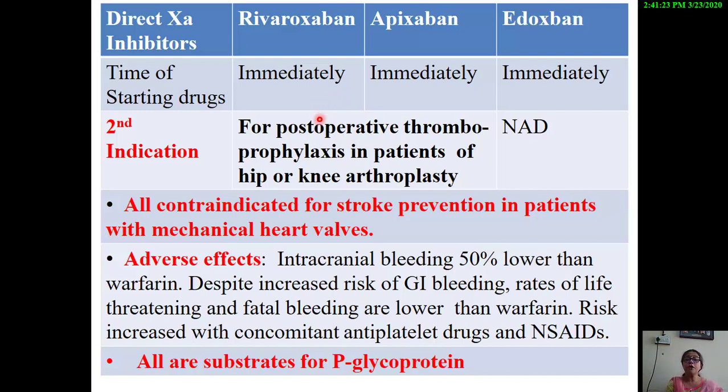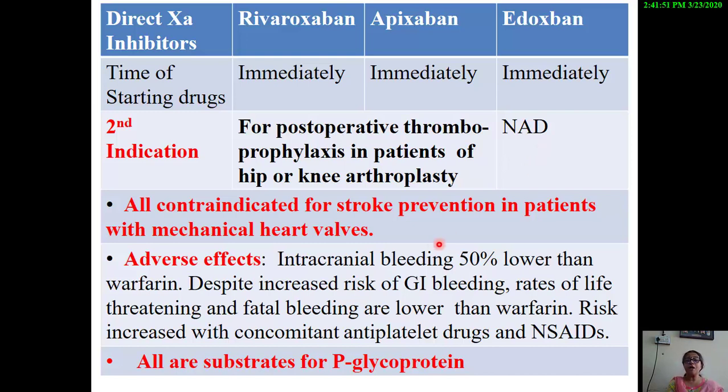Okay. For post-operative thromboprophylaxis in patients who have undergone hip or knee replacement surgery, I think many more studies have been done regarding the safety and efficacy of rivaroxaban and apixaban. So these two compounds are generally favored for this particular indication as compared to edoxaban.